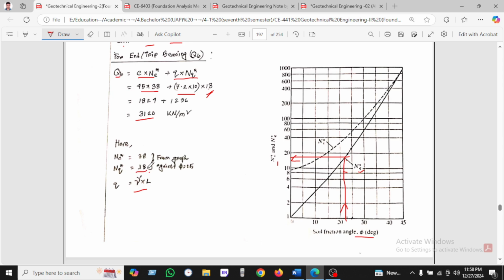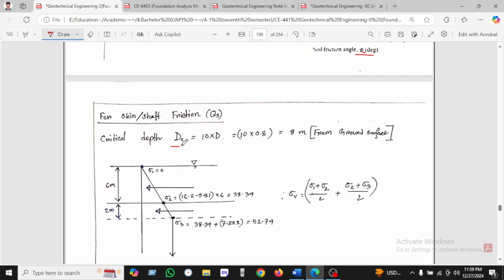So NQ is 18. We have used NQ star 18, and in the same way we use this curve and found NC star, which is almost 38. So this is the 38.